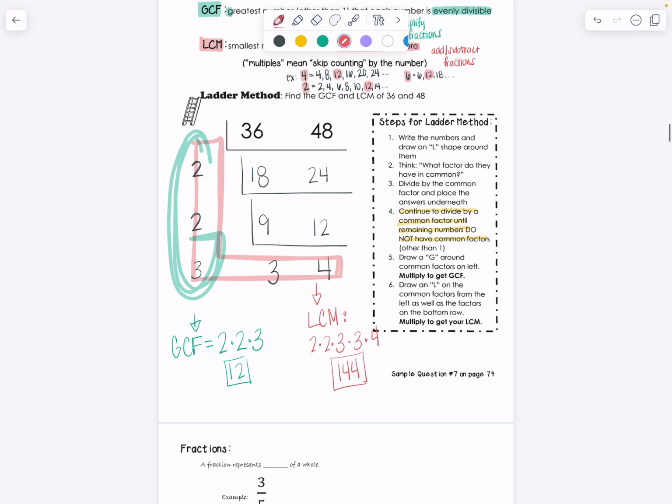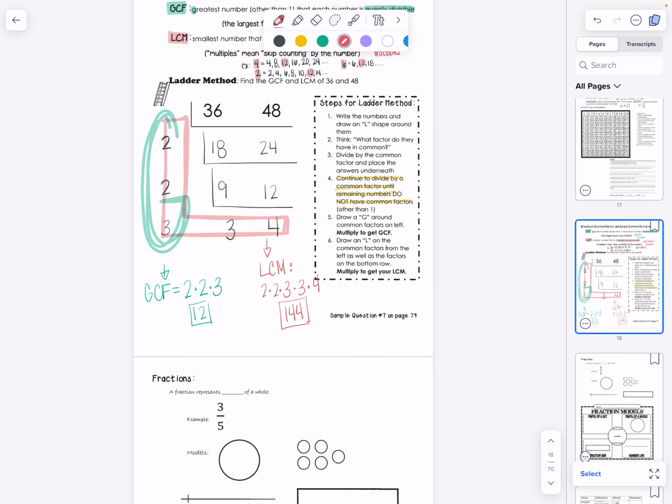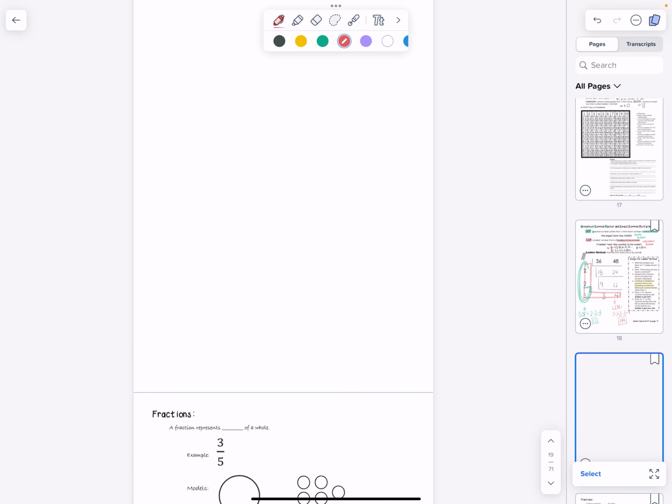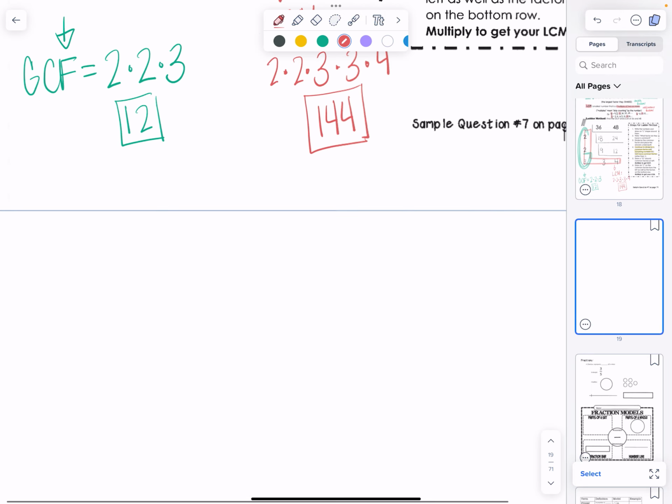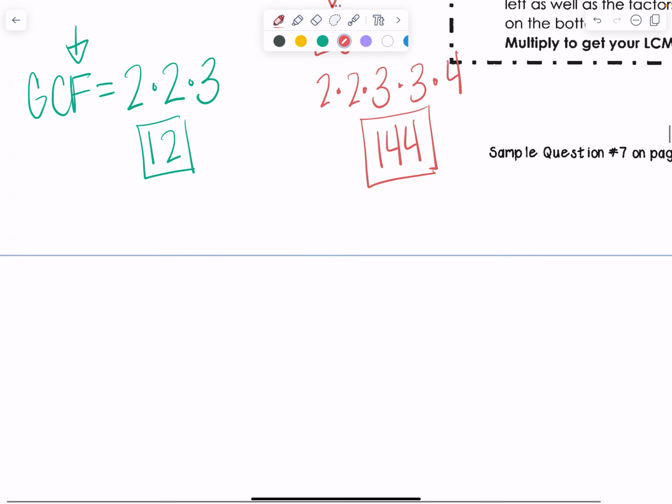All right, let's look at number 7 on page 74. Just like before, I would recommend pausing the video and doing that. All right, so number 7, hopefully you've already done this.